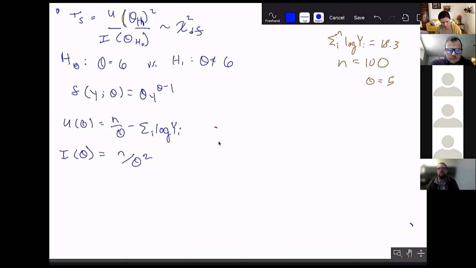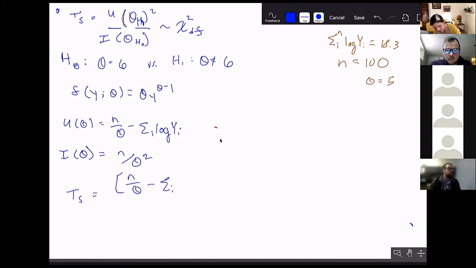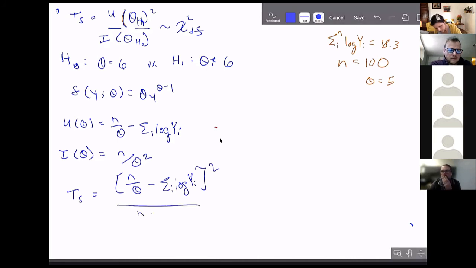And so the generic form of that test statistic is going to be n over theta minus sum over i of log yi, squared, over n over theta squared.